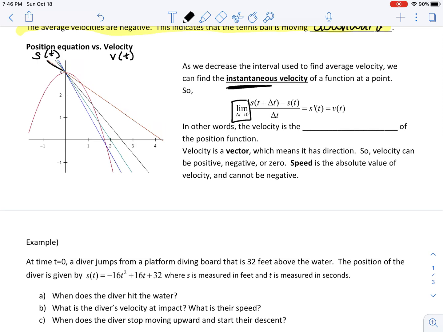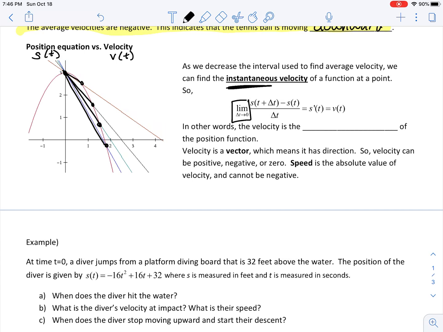So instead of a slope between here and here, hang on, I'm looking at the picture backwards. Instead of looking at a slope from here to here, we would find a slope from here to here. Then we would find a slope from here to here, and then from here to here.